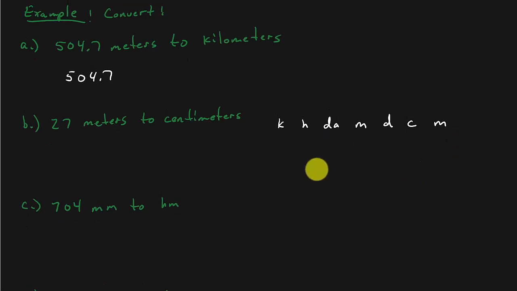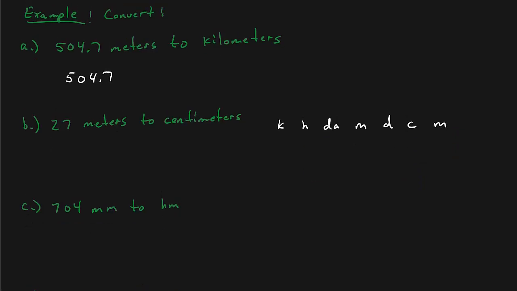All right, so let's look and see what we're doing. We're going from meters to kilometers, right? So we have to move the decimal 1, 2, 3 places to the left. You see that? I'm going to the left. So there's your decimal.